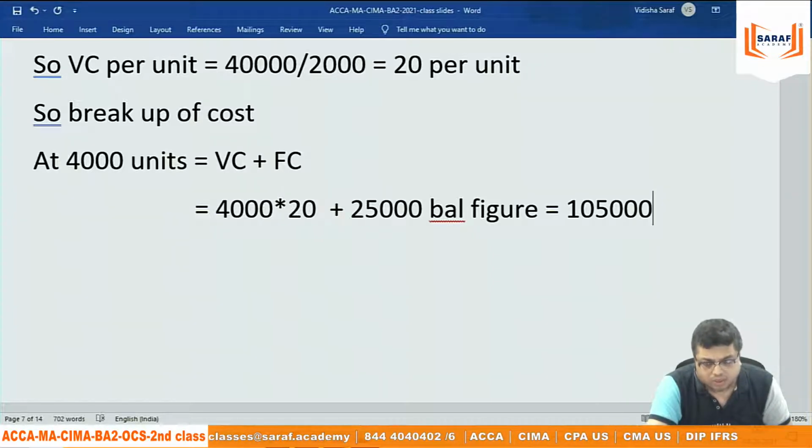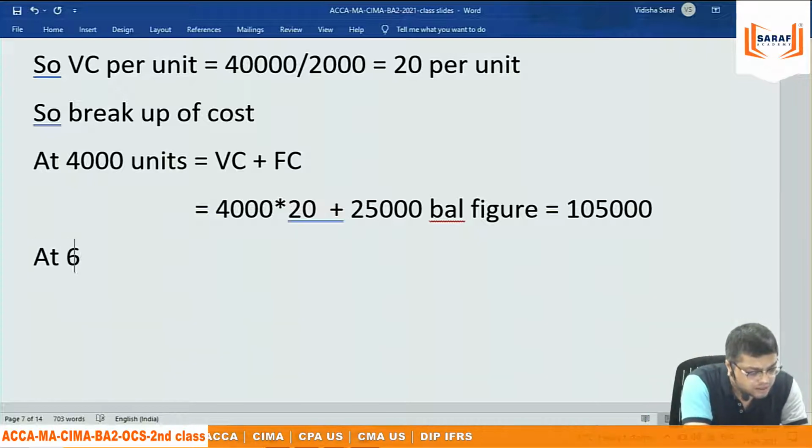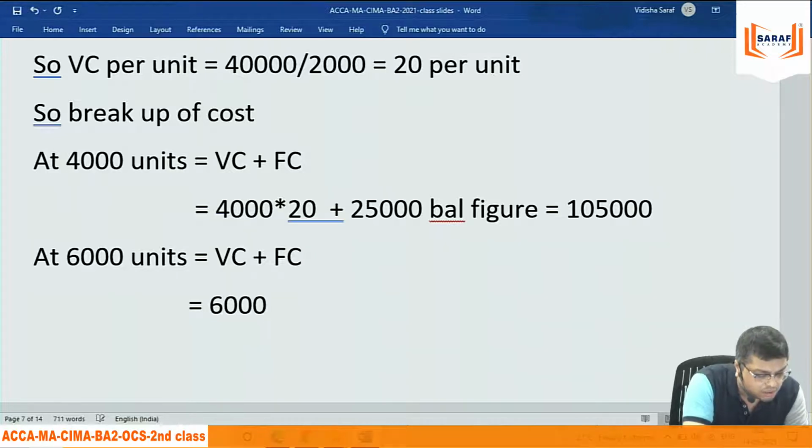Variable is 44,000 into 20. So fixed is the balancing figure, 1 lakh 5, at 6,000 units, which is greater than 5,000. Variable cost plus fixed cost. So variable cost for 6,000 units will be 6,000 into 20.